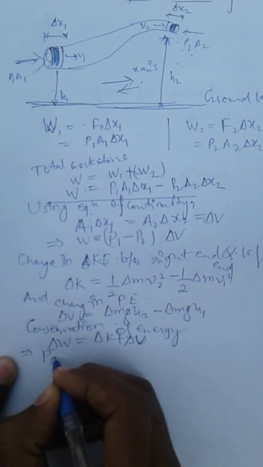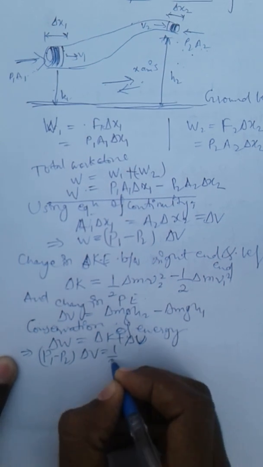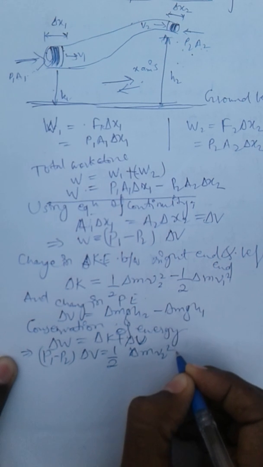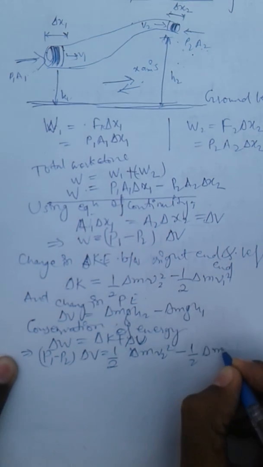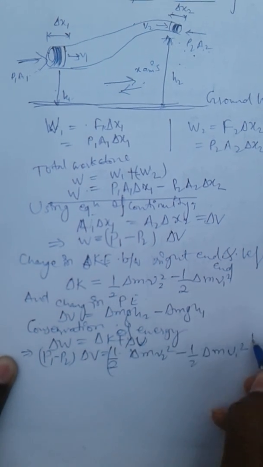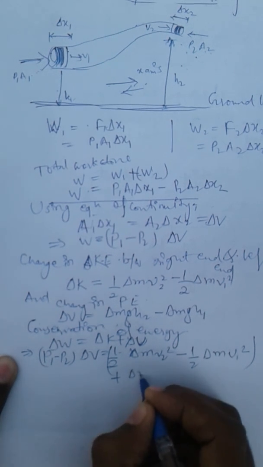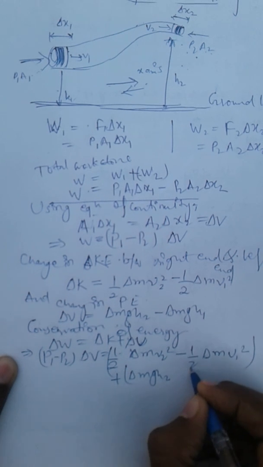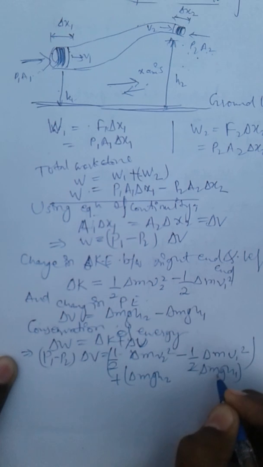So work done is P1 minus P2 del v, and half del m v2 square minus half del m v1 square plus change in potential energy, del m g h2 minus del m g h1.